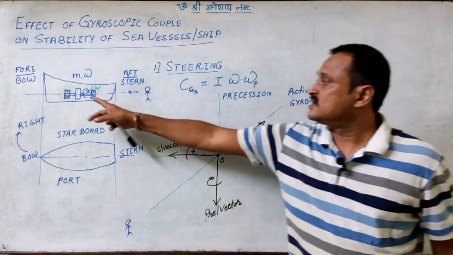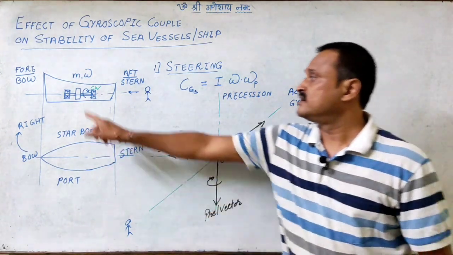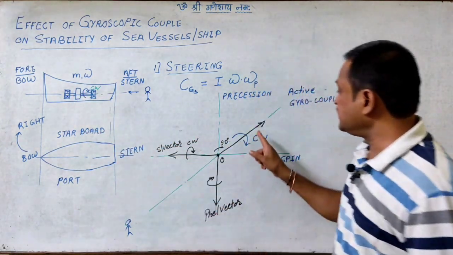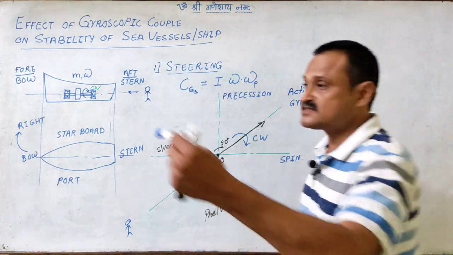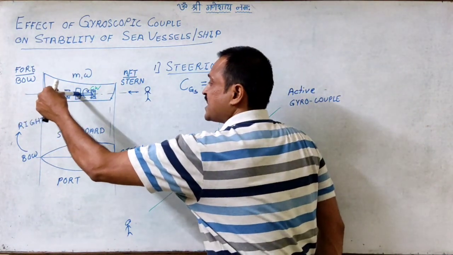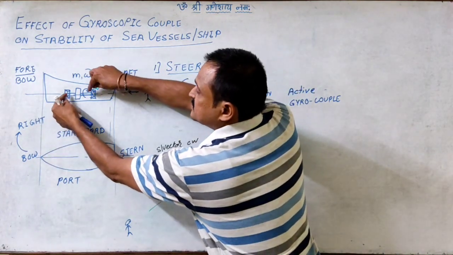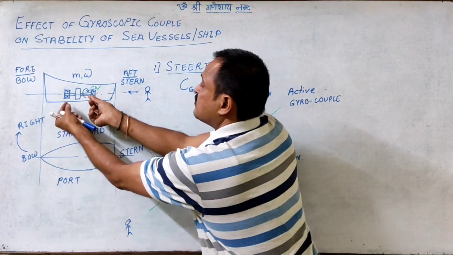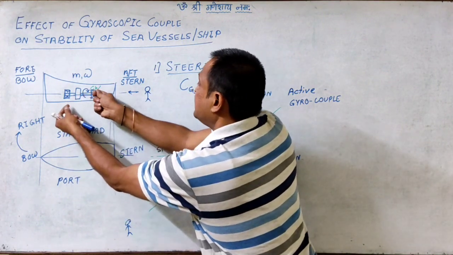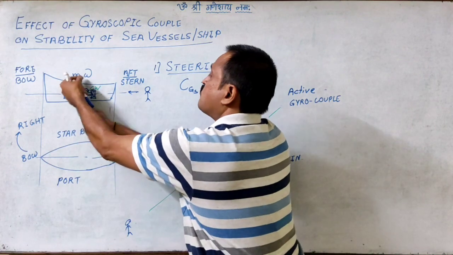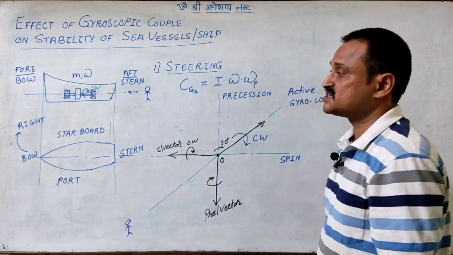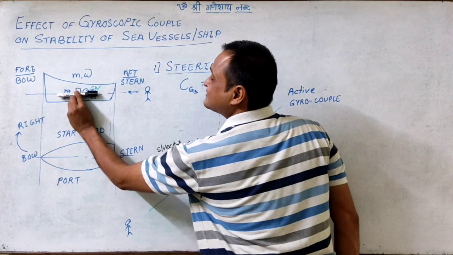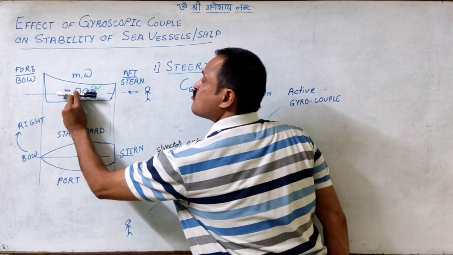So this shaft of the spinning body is trying to turn, about the y-axis, that means perpendicular to the board axis. The shaft of the spinning mass is trying to turn clockwise.